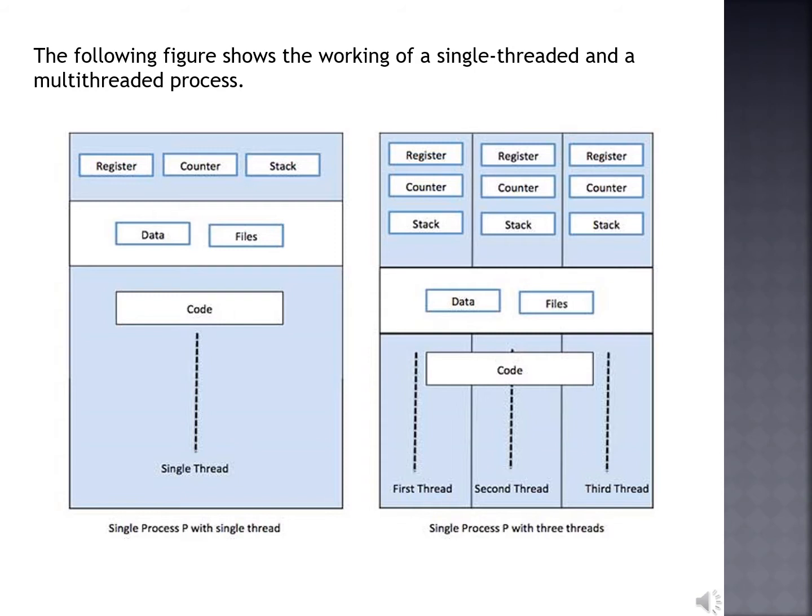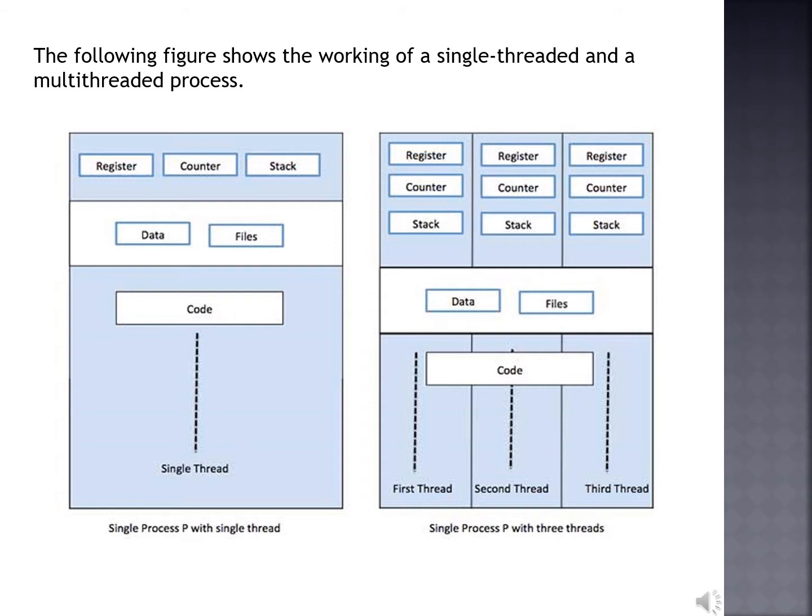Now, what is multi-threading or a multi-threaded process? Multi-threading is mainly found in multitasking operating systems. It is a widespread programming and execution model that allows multiple threads to exist within the context of one process.